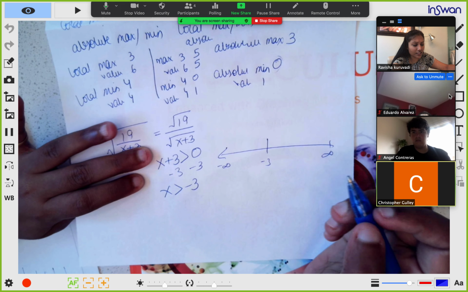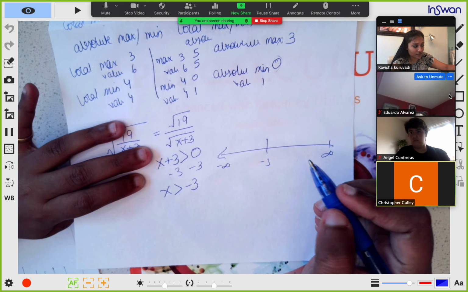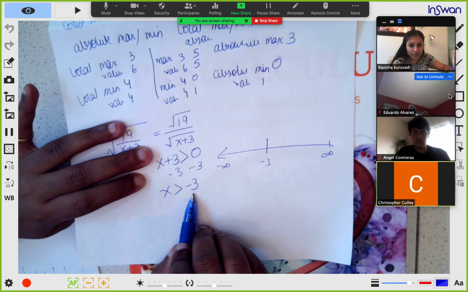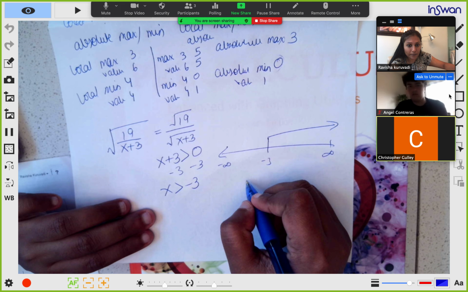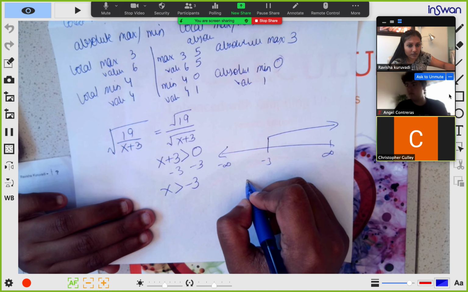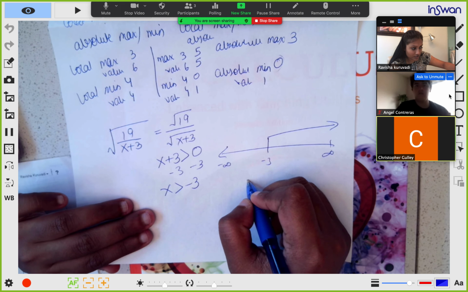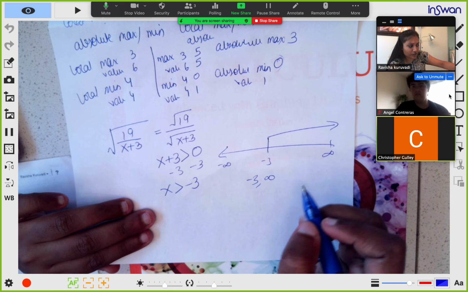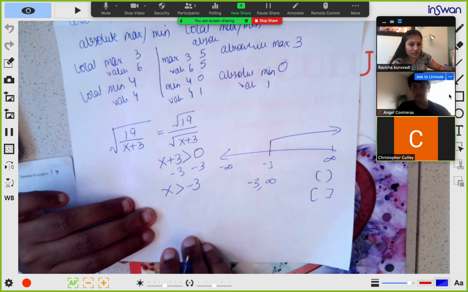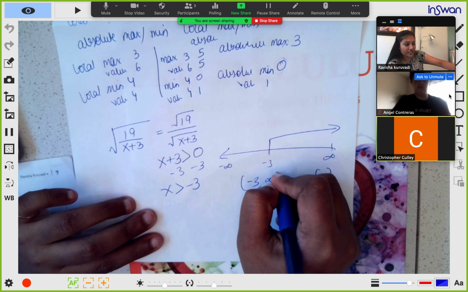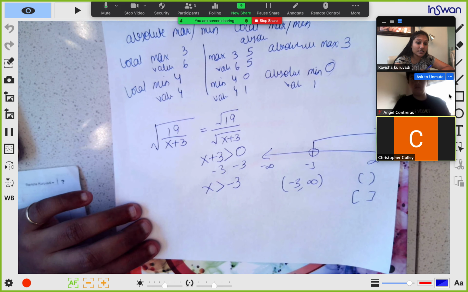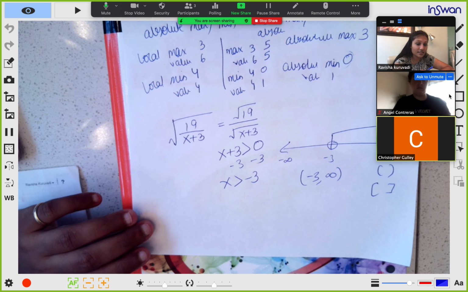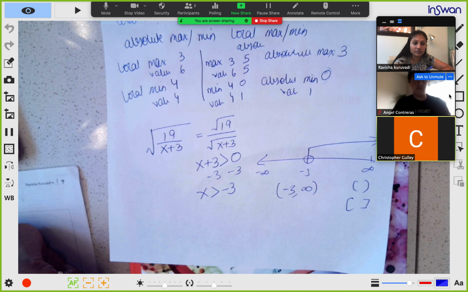What are the numbers greater than -3? To infinity. So what will be my domain? It would be parenthesis -3 comma infinity parenthesis. Which one do I put a bracket on, the first or the second? The first one. Yeah, perfect, because this is not included, right? Perfect, you got it. Any other doubt, Chris? That's it. That's your answer.